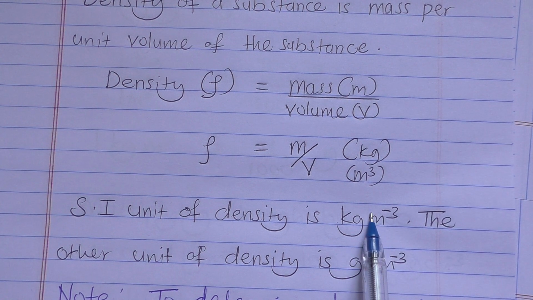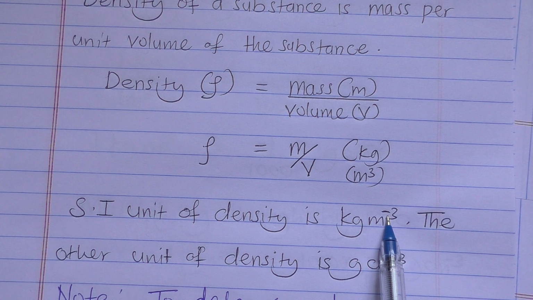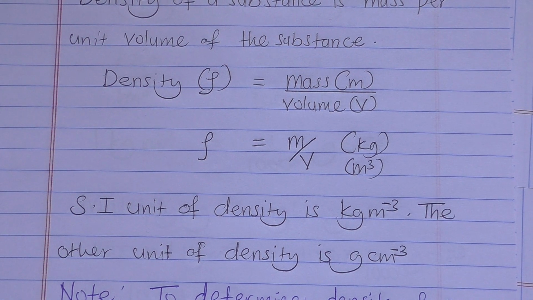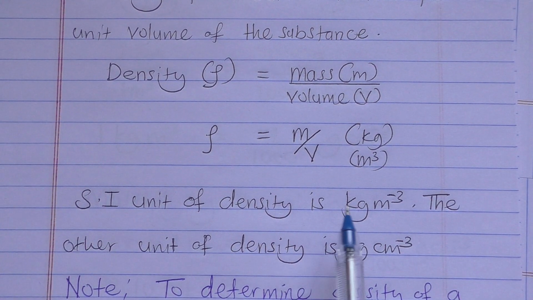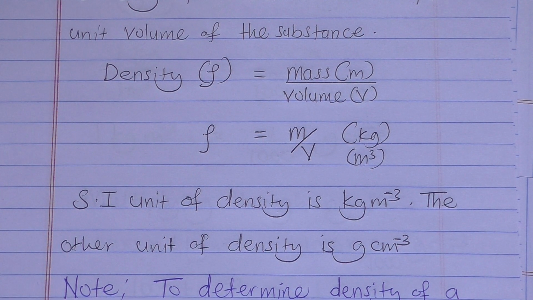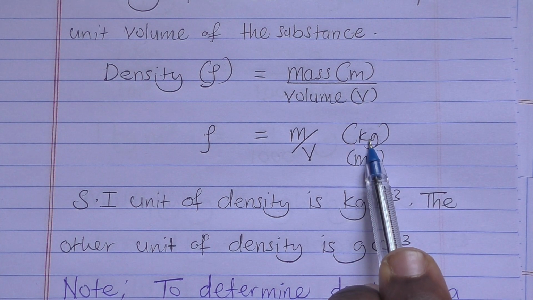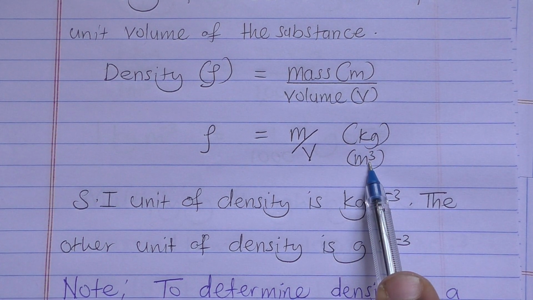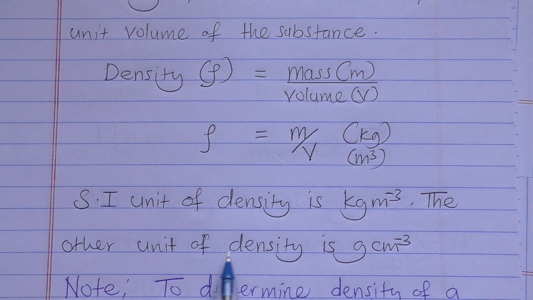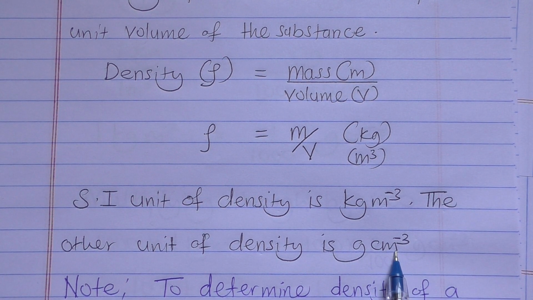We shall not use the slanting slash, but we shall use the power. And therefore, besides the SI unit, which is kilogram per meter cubed, we also have other unit of density. When mass is measured in grams, volume will be measured in centimeter cubed. And that gives us the other unit of density, which is grams per cubic centimeter.